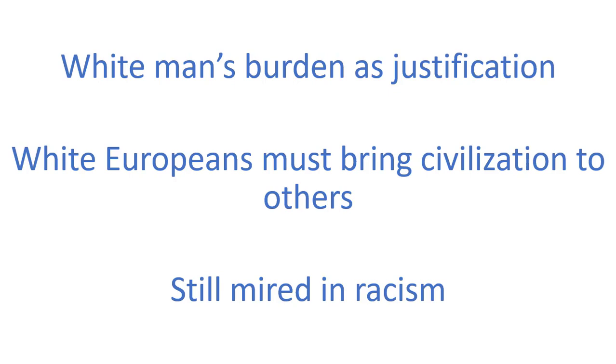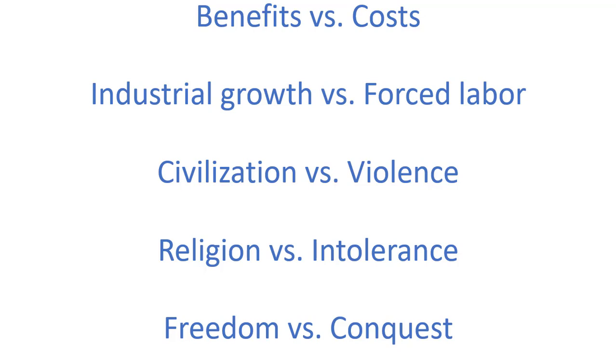Imperialism was also full of paradoxes. For starters, conquering other countries was supposed to be very profitable for those doing the conquering. However, such activities came with a hefty price tag.